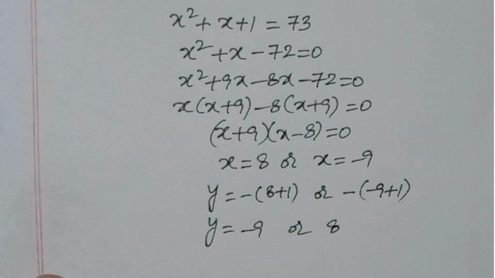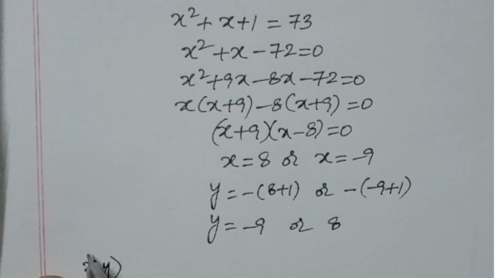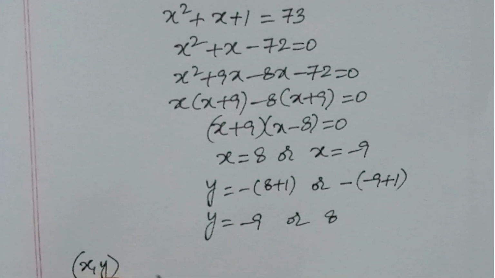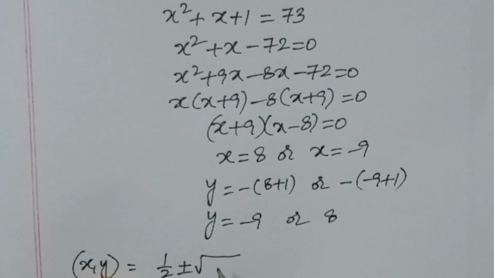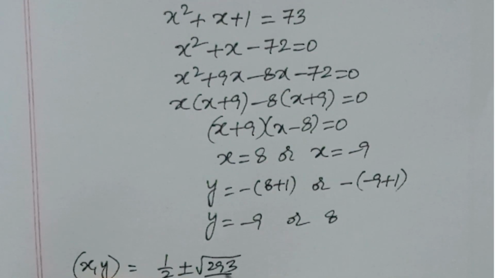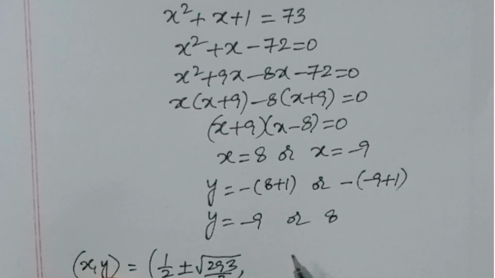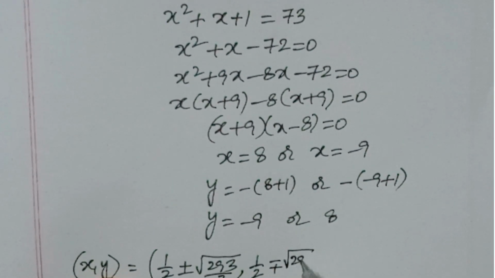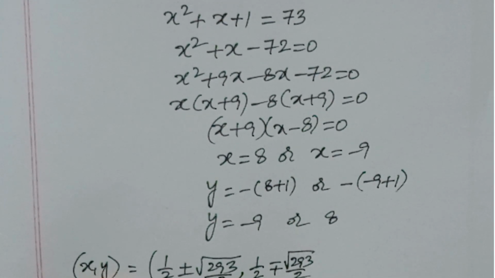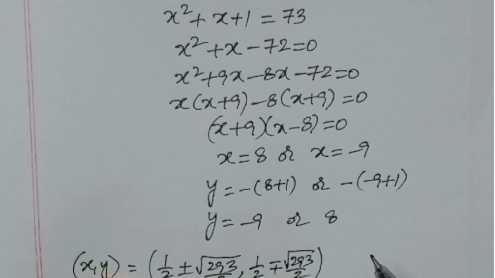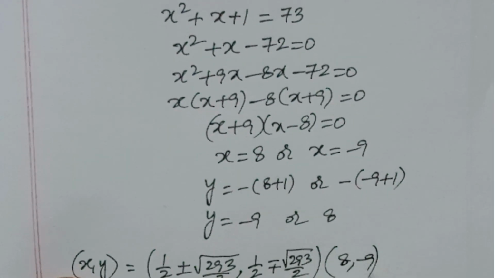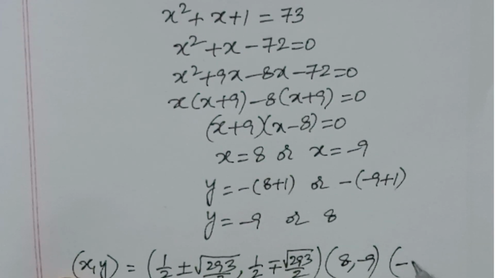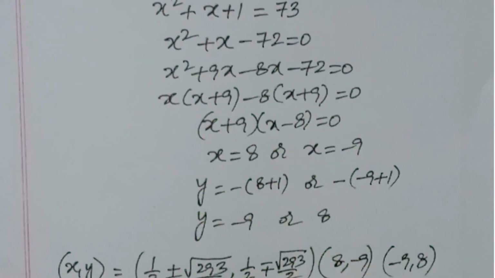So the possible values of x and y are 1 by 2 plus or minus root of 293 by 2, comma, 1 by 2 minus plus root of 293 by 2. So this is one set. And here 8 comma minus 9 and minus 9 comma 8 are the solutions.